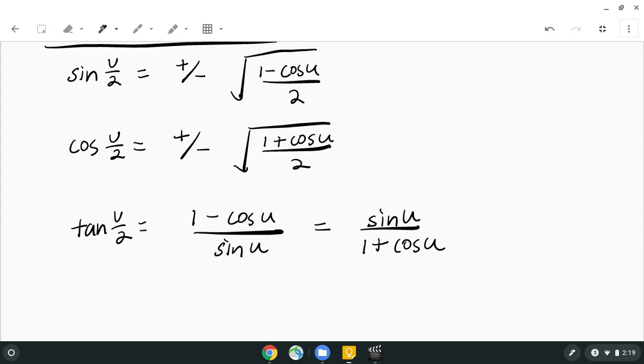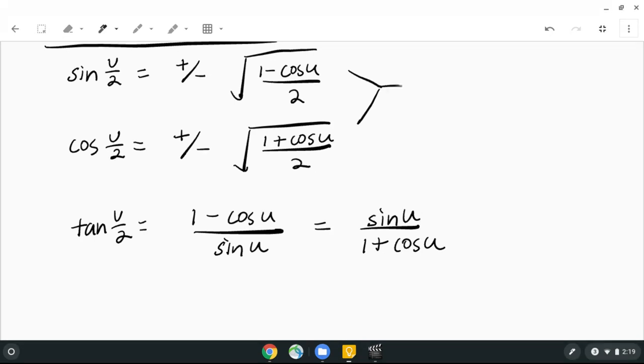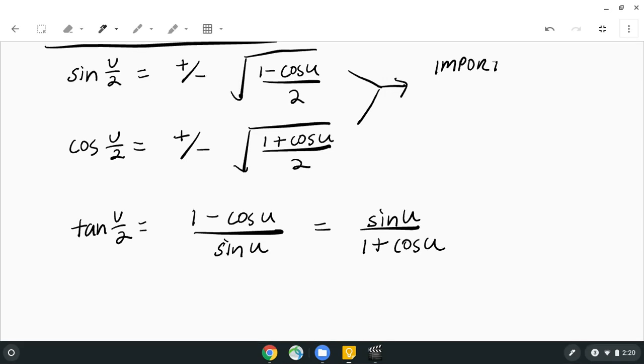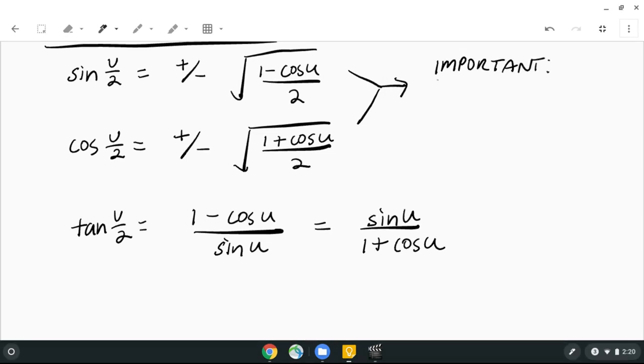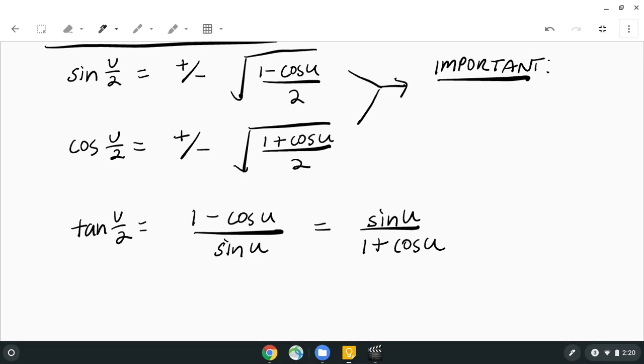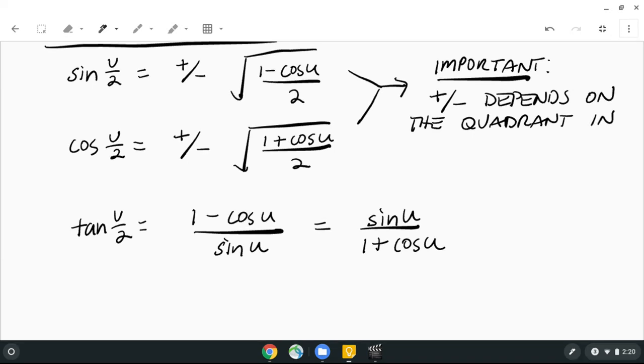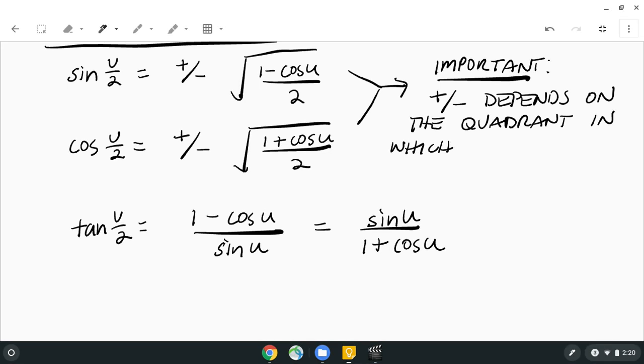All right, so put a little note here for these two. Very important. The plus minus depends on the quadrant in which your half angle lies.